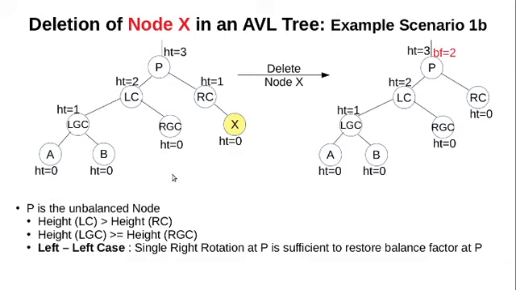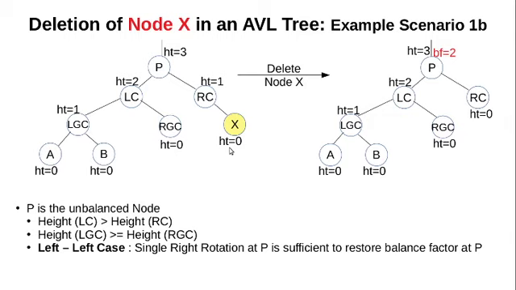Now let's discuss another example scenario 1b. The difference between this scenario and the previous one is that here the RGC is a leaf node, that is, it does not have any child. We want to delete the node X from this AVL tree.